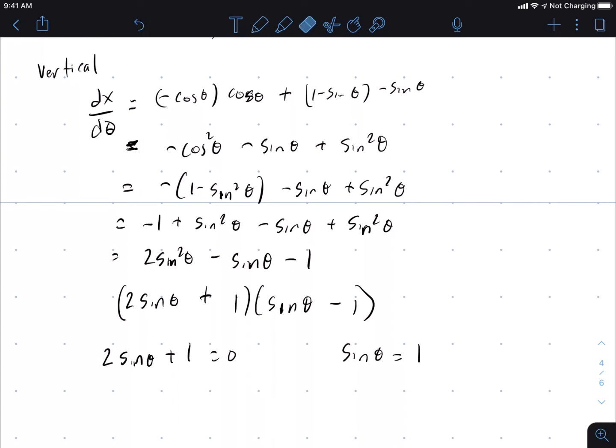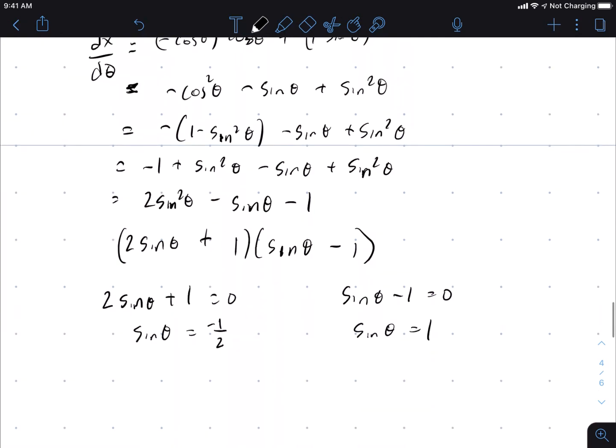Jumping the gun. So we're going to get sine theta is equal to a negative 1/2 and sine theta is equal to 1. So when is sine theta equal to a negative 1/2? 7 pi over 6 and 11 pi over 6, correct?